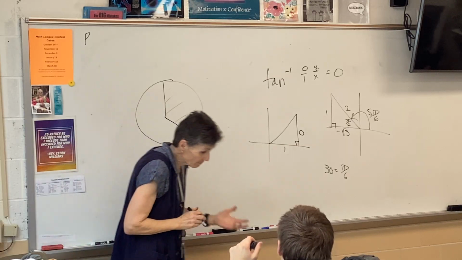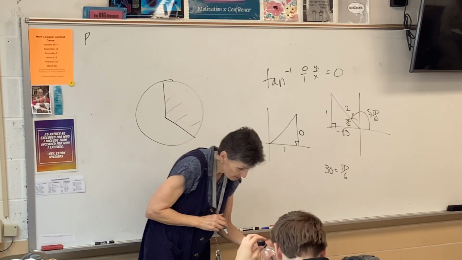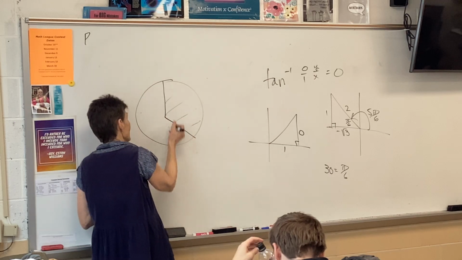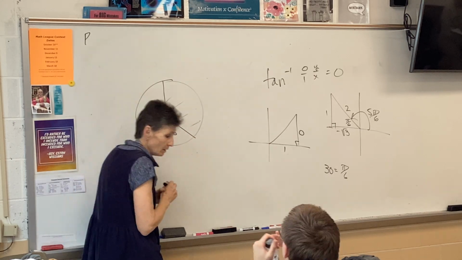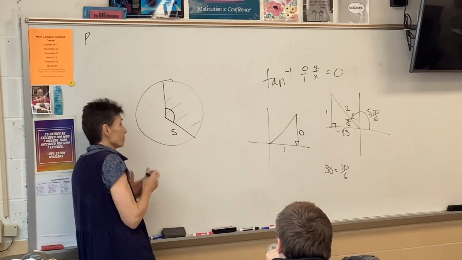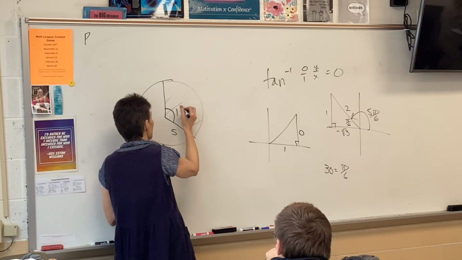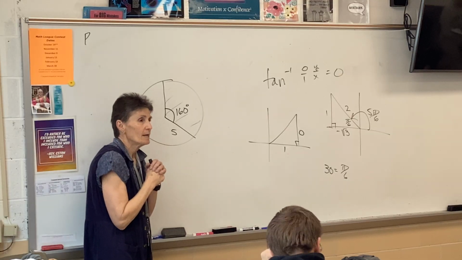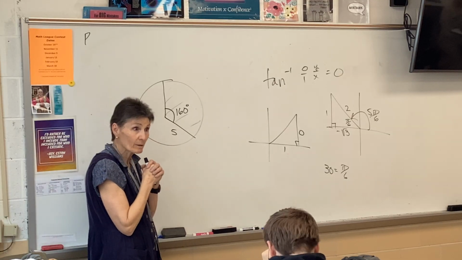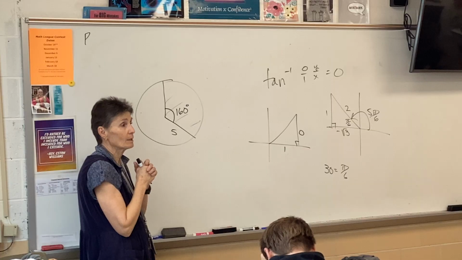We're given the radius, I'll make the radius 5, and the central angle, I'll say 160 degrees. And your job is to find the area of the shaded part of the circle.